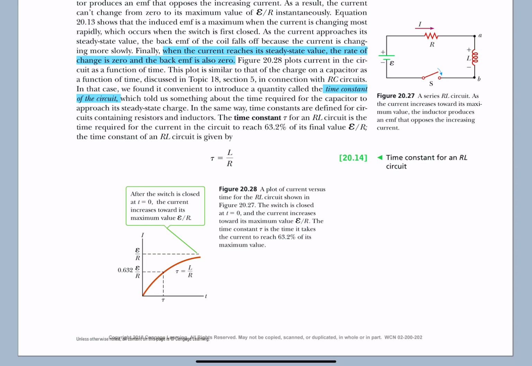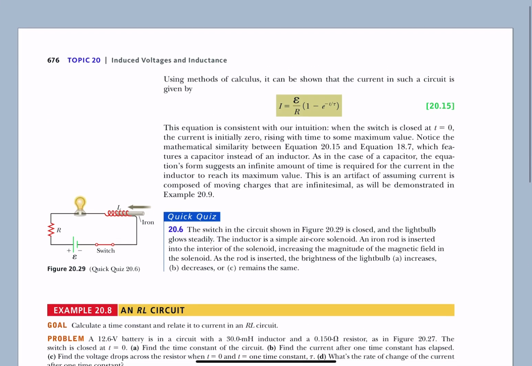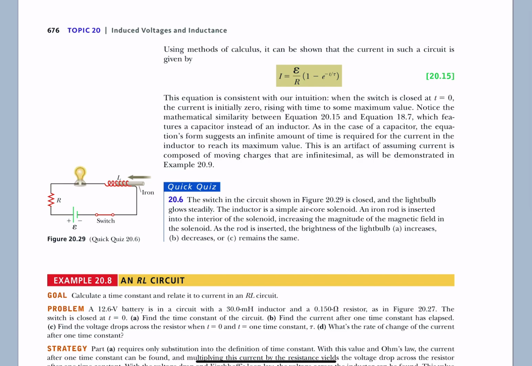Well, let's go to the next page and look at the equation that comes from calculus. A similar equation in calculus yields a function that's got the letter E in it, from which we develop the formula for half-life and the decay constant.